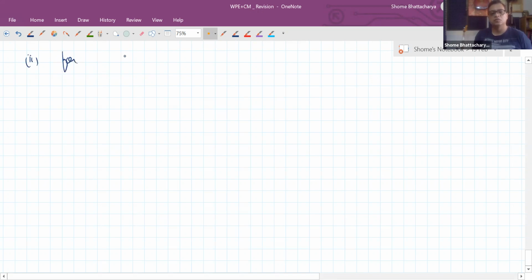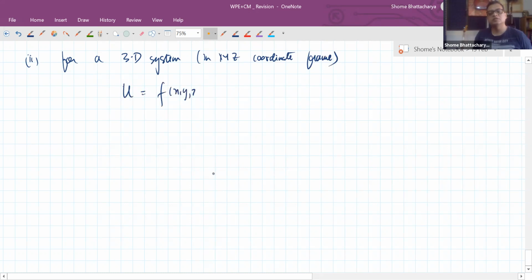For a 3-dimensional system in the XYZ coordinate frame, potential energy will become a function of X, Y, and Z. It will be a 3-variable function, and the internal conservative force will be having the 3 components Fx, Fy, and Fz.